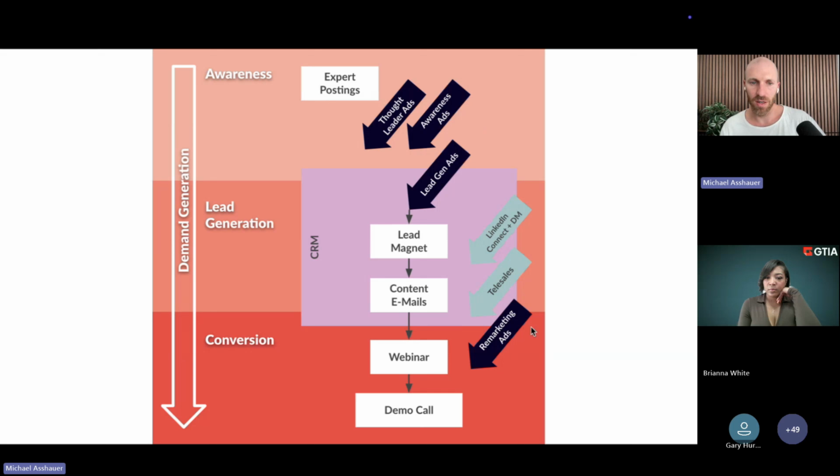Down here, bottom of funnel, you can then retarget and do remarketing to all of these contacts that you collected up here on all the other platforms as well, right? So down here, in the remarketing, you don't need to make use of LinkedIn only.